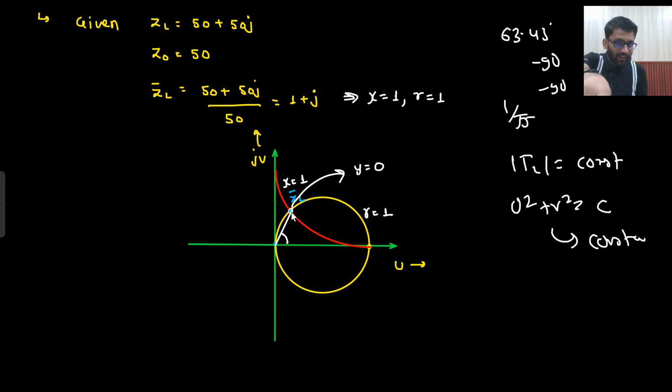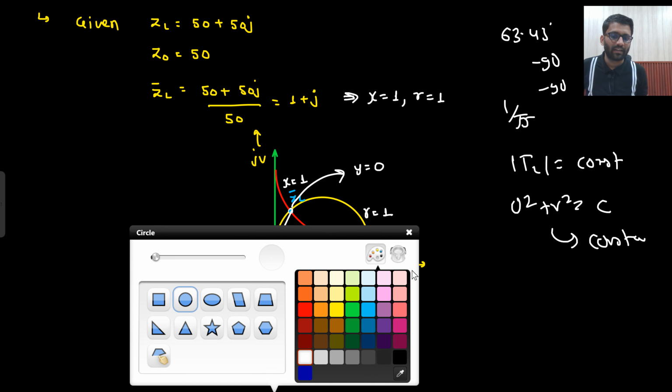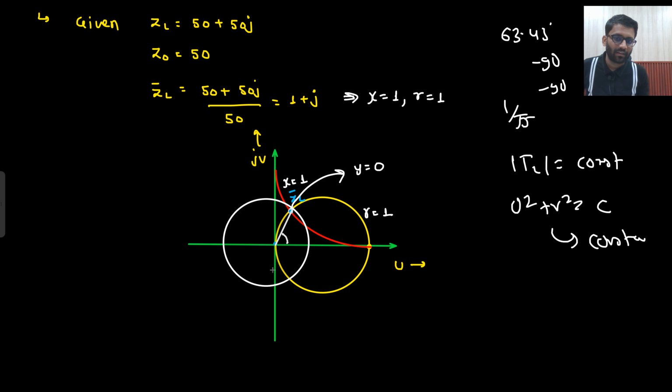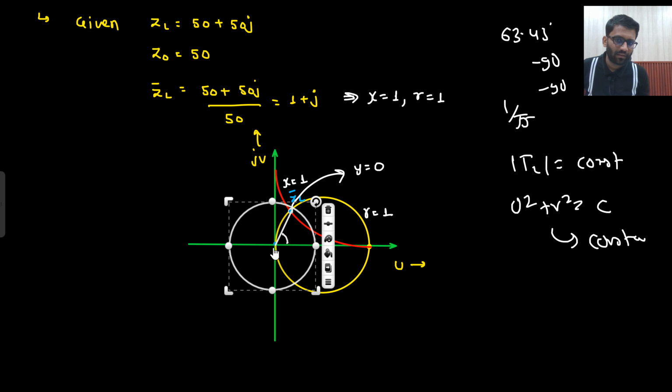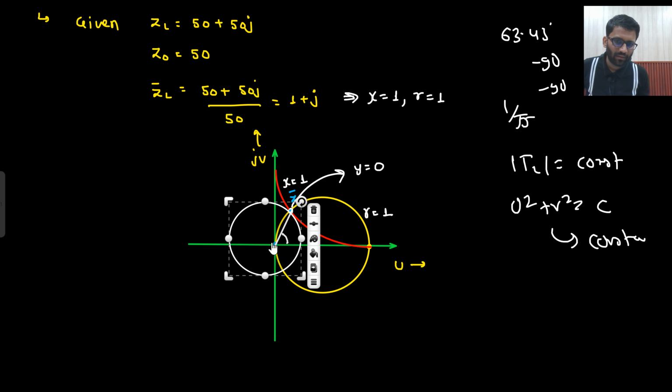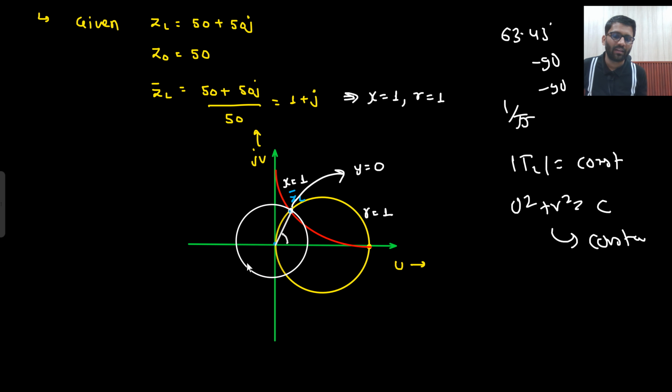So taking this radius, can I make a circle now? If I make a circle, then this circle I am getting, and this circle is your constant VSWR circle.